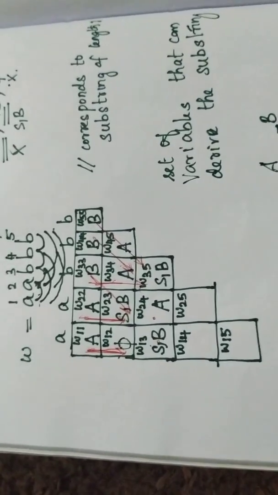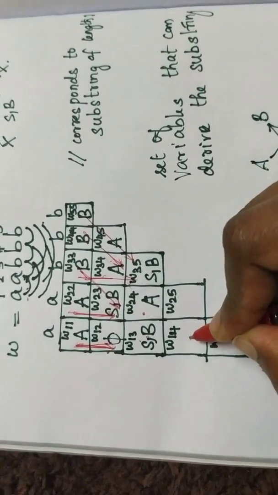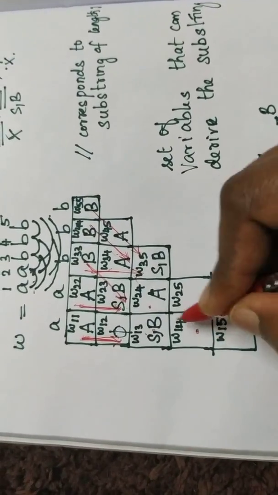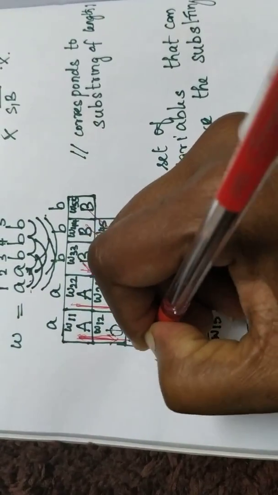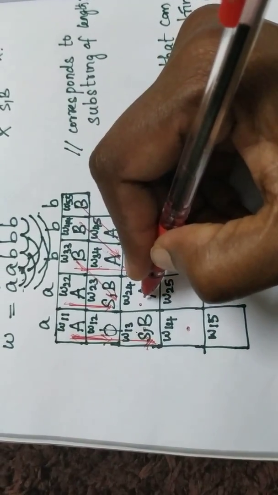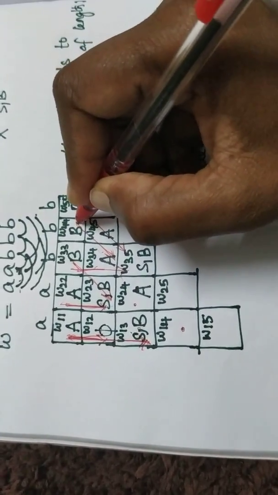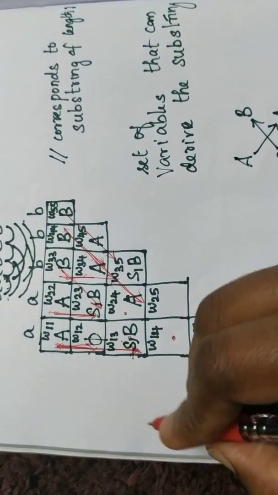So the process repeats for the fourth row also. For finding this cell, we have to take the variables from the above, all three, and then again the diagonal. So what will we get?